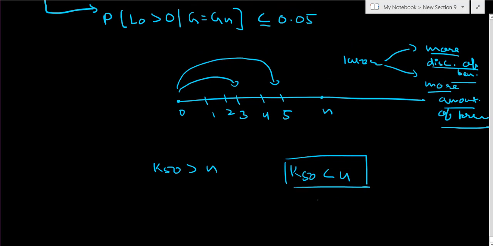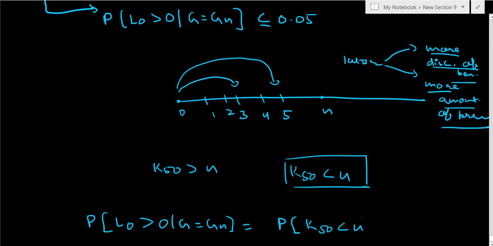This probability can be written as the probability that L0 is greater than 0, given that G is equal to Gn, which is just equal to the probability that the person dies before time n. This is the same probability, because that is only when we incur a loss.